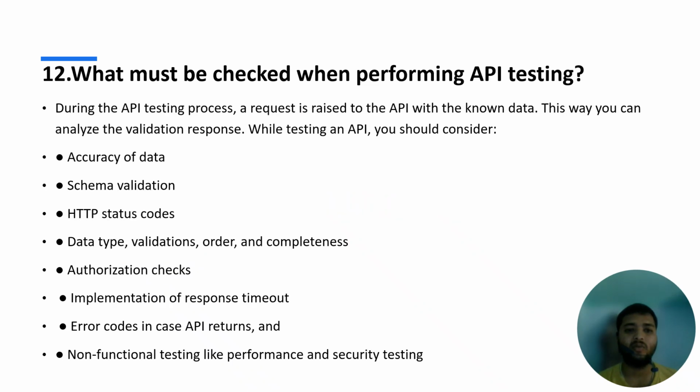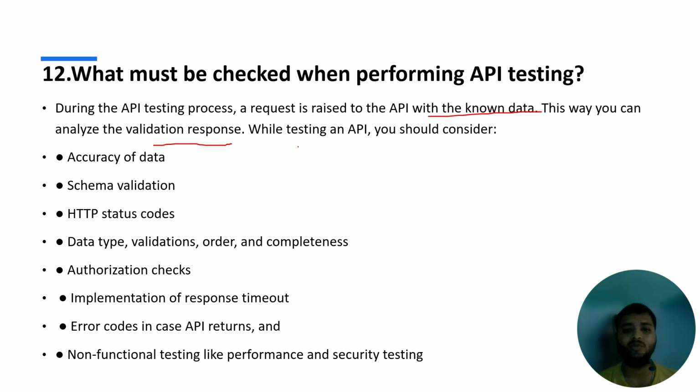What must you check when performing API testing? During the API testing process, a request is raised to the API with known data. This way you can analyze the validation response while testing the API.